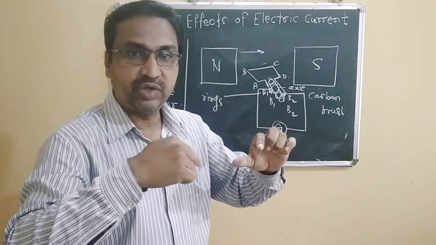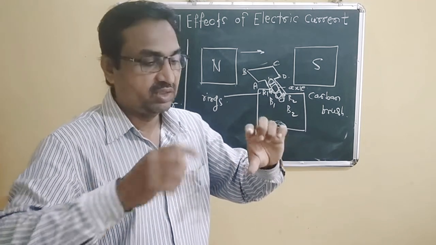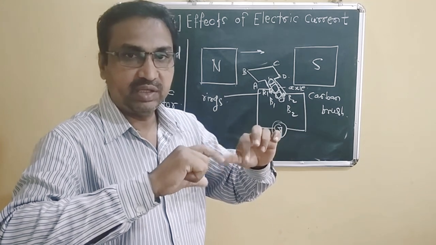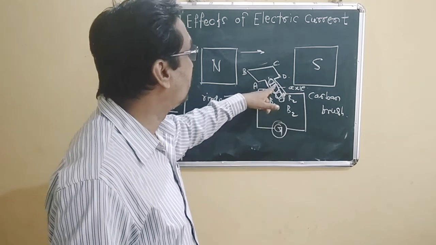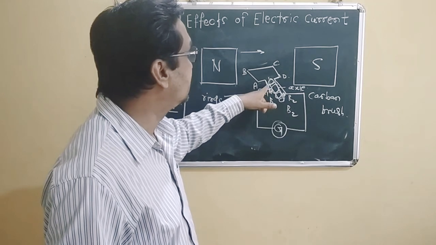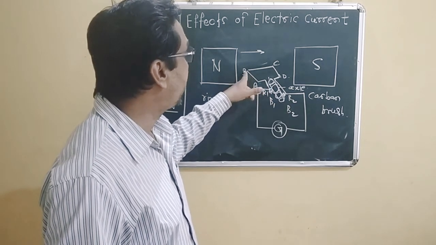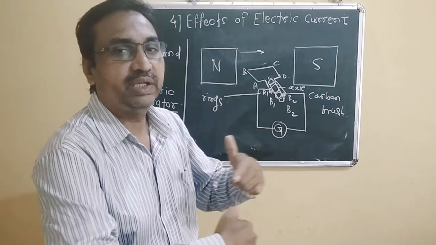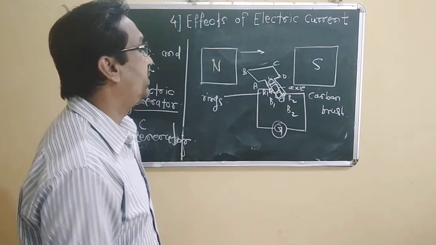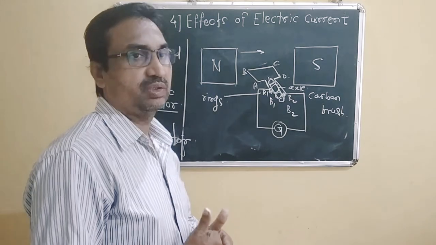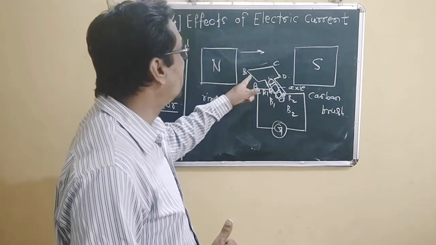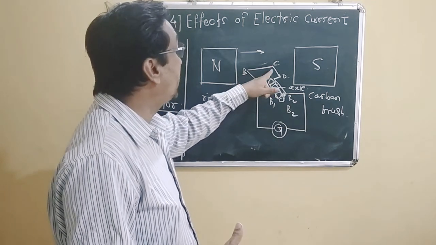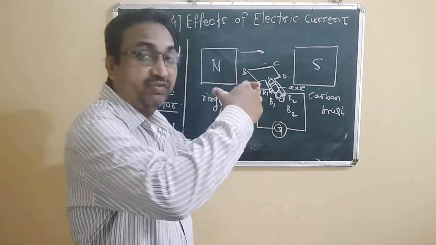If the axle is rotated with the external machine, then these rings rotate simultaneously, and due to the rotation of the rings, the frame branches AB and CD also rotate in the strong magnetic field. The main procedure is to rotate the coil which is placed in the magnetic field.